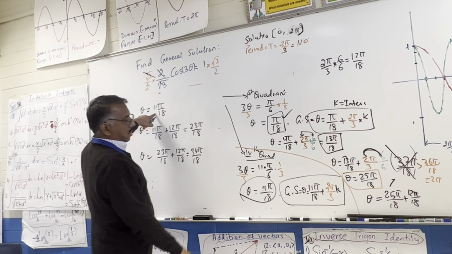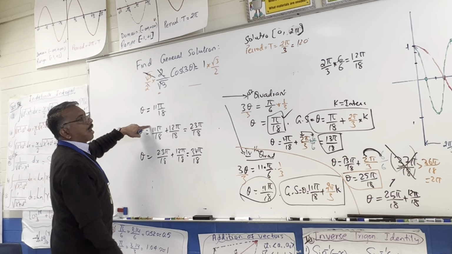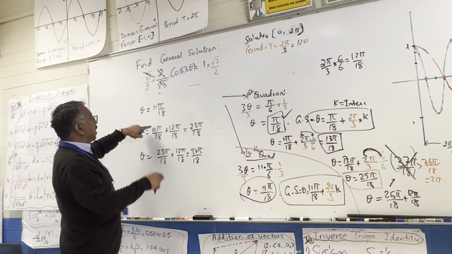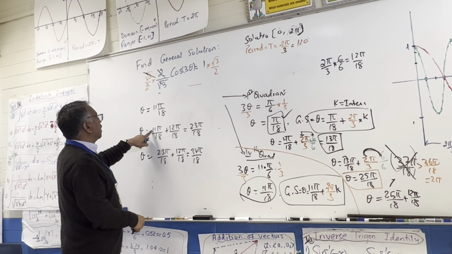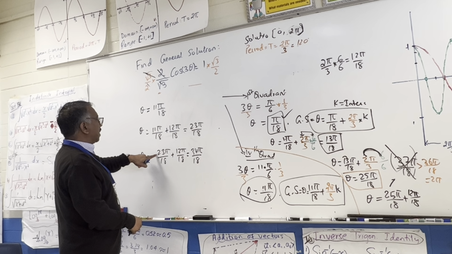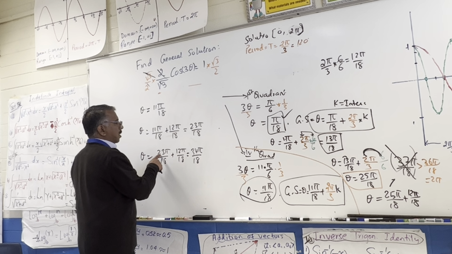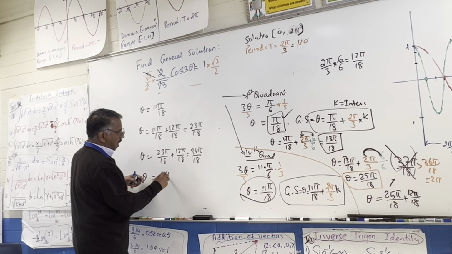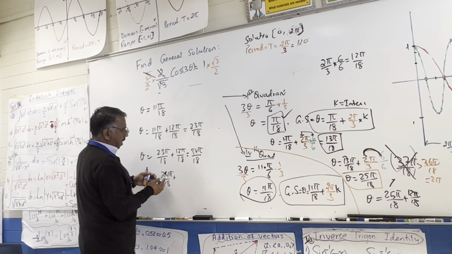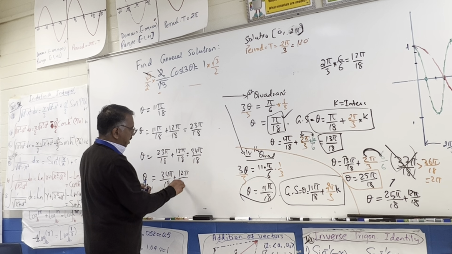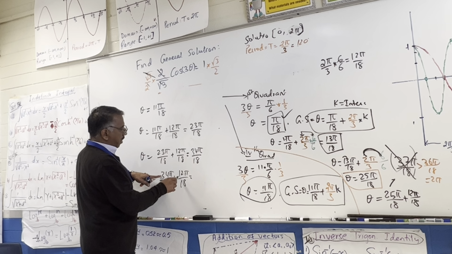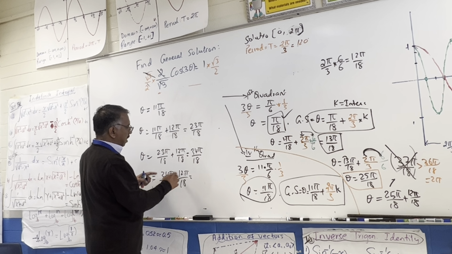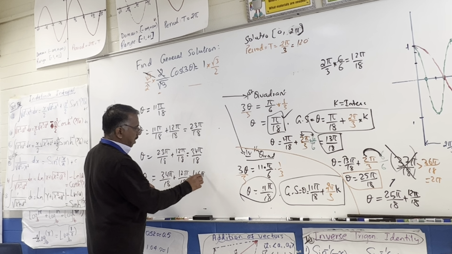So this was 11 pi by 18, and you're adding 2 pi by 3, times 6, that is 12 by 18, and this becomes 23, correct? 23 plus 12, and this becomes 34, right? The next one is this 34 pi by 18, you add 12 pi by 18, which is 46 pi by 18.